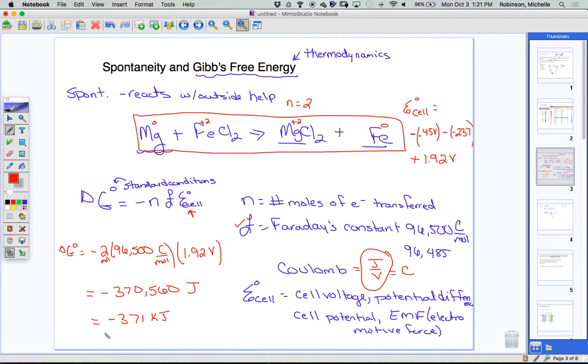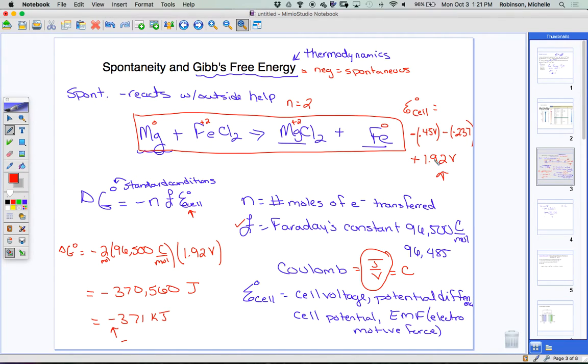Notice the sign on delta G. Is it positive or negative? The sign here is negative. What was it on our E of the cell, our voltage? Positive. Both of those things indicate that the reaction is spontaneous. So when Gibbs free energy is negative, then it is a spontaneous reaction.